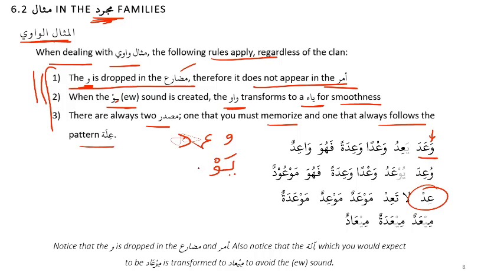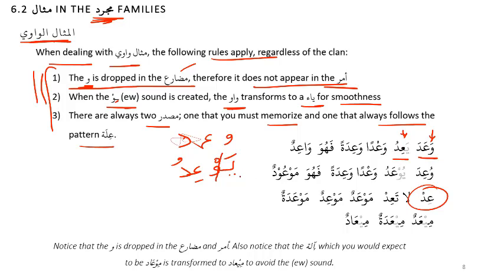Let's say it is like bab daraba yadribu, so it would be yaw-i. Okay. Now the rule is that the waw with fail mudari is always dropped. So if you are dealing with mujarrad, the waw gets dropped, and what is left? Ya'idu. So this is the way fail mudari is created. You drop the waw.